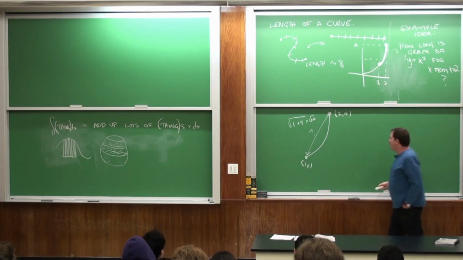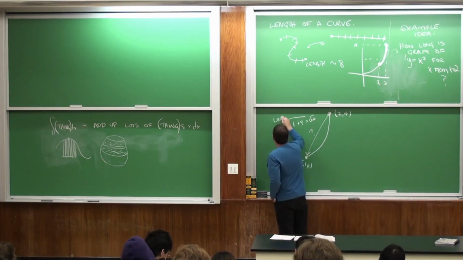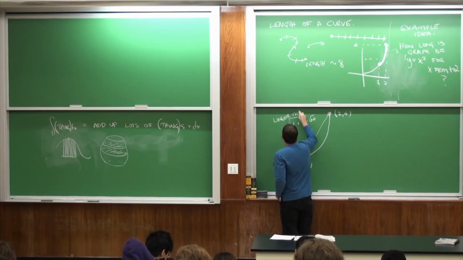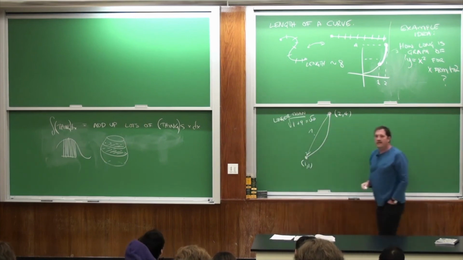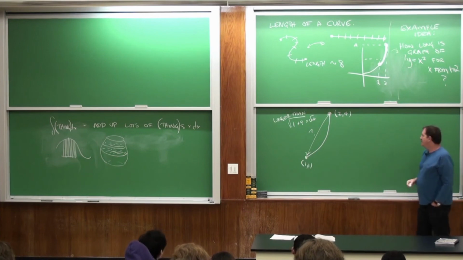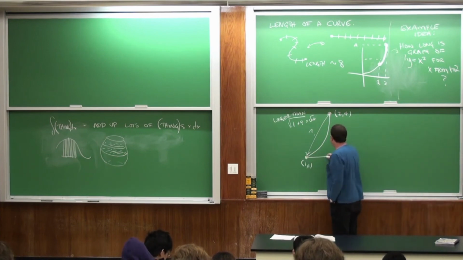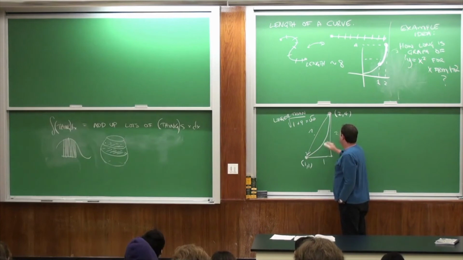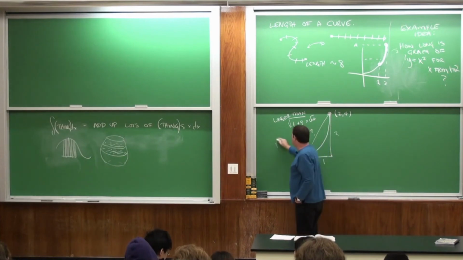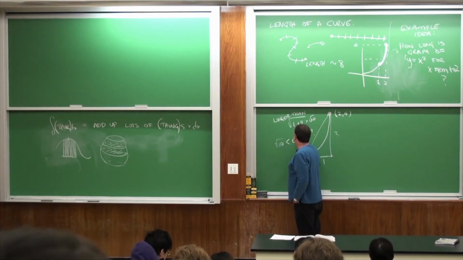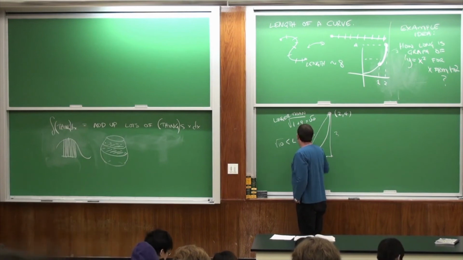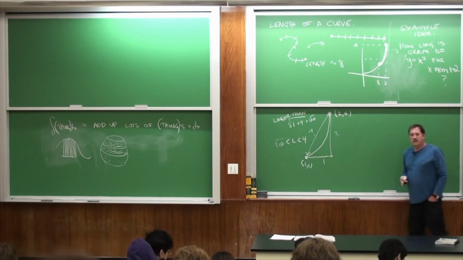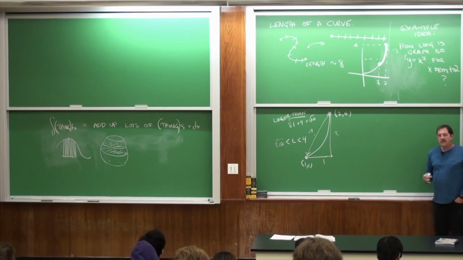It's certainly bigger than that. And it's certainly less than this, which is 1 plus 3. So it's between square root of 10 and 4. For sure. So suppose I wanted to make my answer better. What would I do?